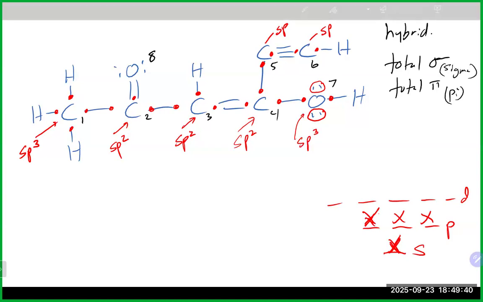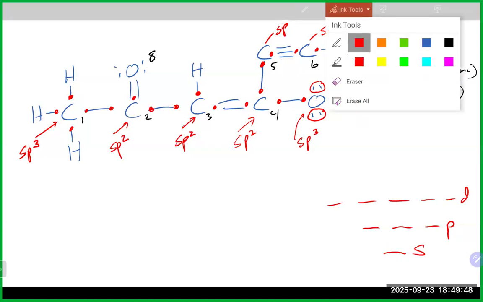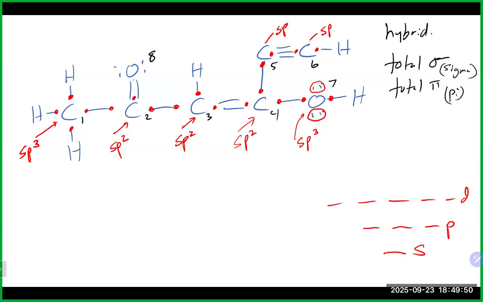And lastly, my oxygen up there that is double bonded. If we were to apply hybridization to this, we would do the same deal. The double bond only counts as 1, so 1, 2, and 3 electron pairs, a little sp2 hybridization there. Any questions on how I got any of those hybridizations?